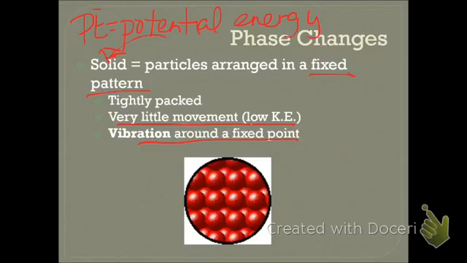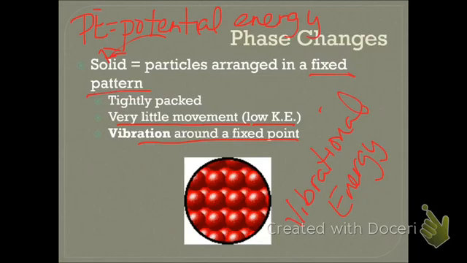This vibration is what we call vibrational energy. How do we demonstrate vibrational energy? If you clasp your hands together and start shaking, moving your hand back and forth, shaking as if you're trying to pull your hands apart but can't do it, that is a demonstration of vibrational around a fixed point.